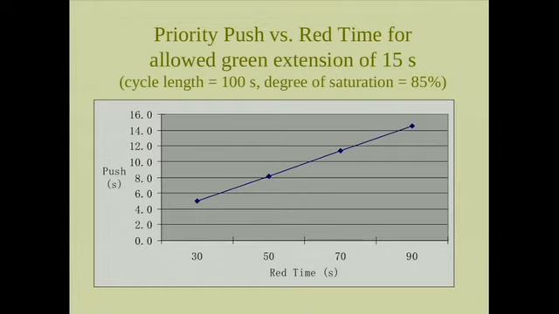Well, then the priority push is pretty small, only about 5 seconds. But if the red time is long, if it's a 100-second cycle and the light is red for you 90 out of those 100 seconds, well, then getting pushed ahead 15 seconds will save you a lot.